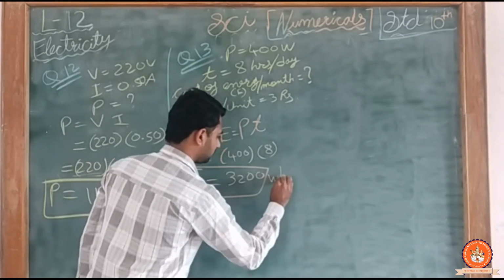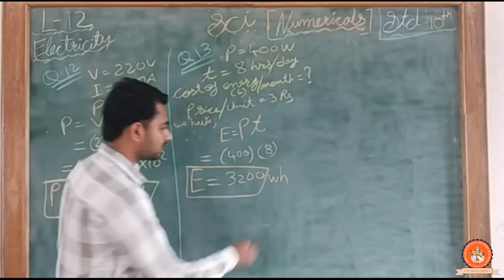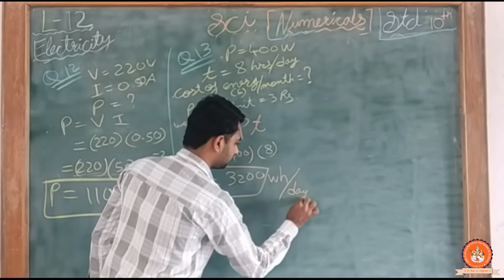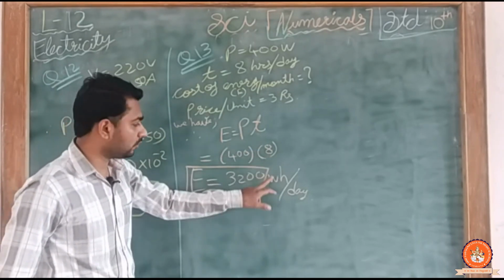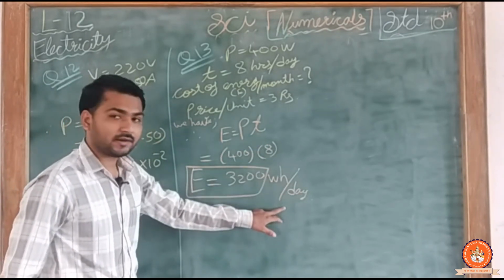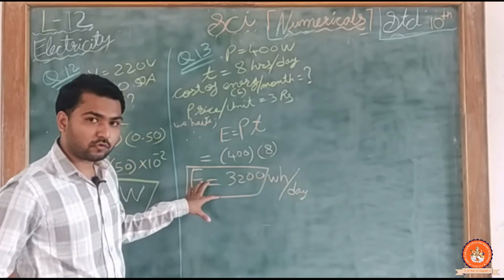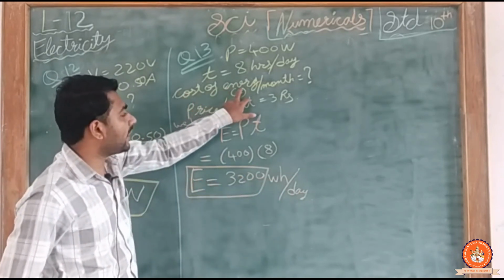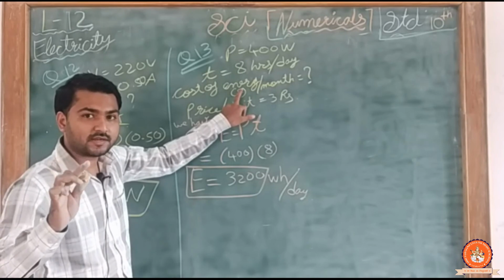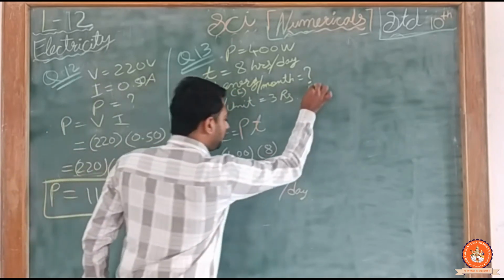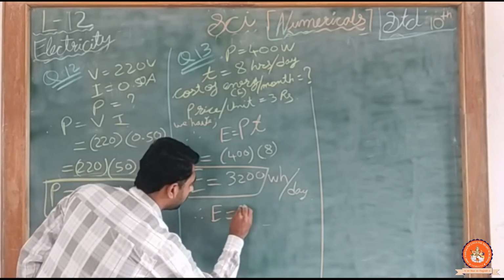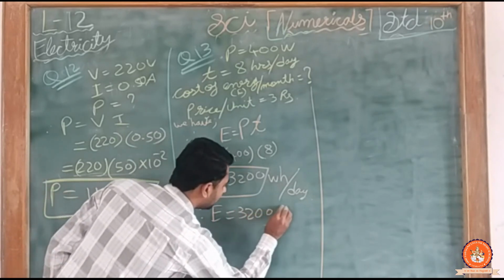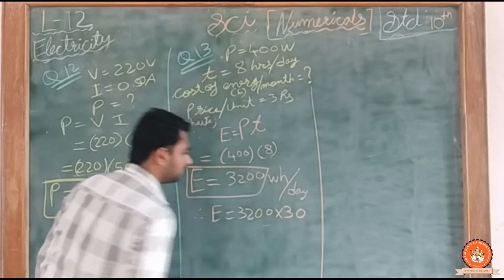Wh. ये किसका है? पर डे का है, क्योंकि हमारा टाइमिंग क्या है? पर डे 8 आवर्स. सो Wh पर डे. सो आई गेट दिस वैल्यू फॉर पर डे, बट आई वांट टू फाइंड द वैल्यू, जो एनर्जी मुझे फाइंड करनी है पर मंथ की. सो व्हाट आई विल डू? आई विल मल्टीप्लाई E is equal to 3200 multiplied by 30.